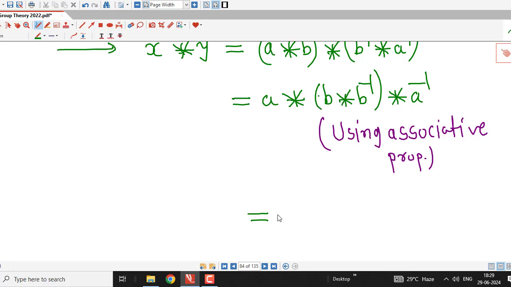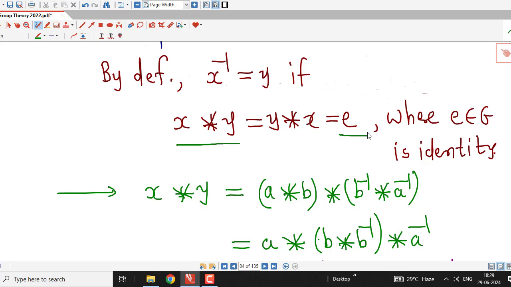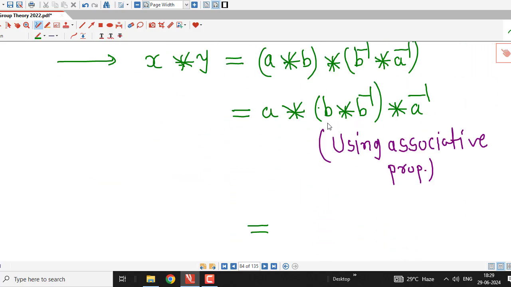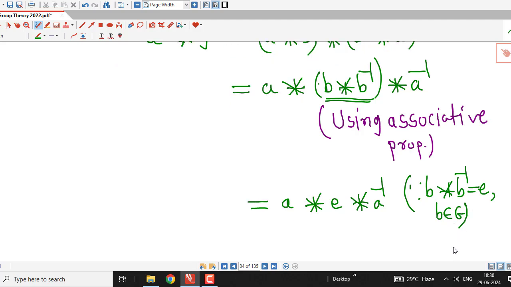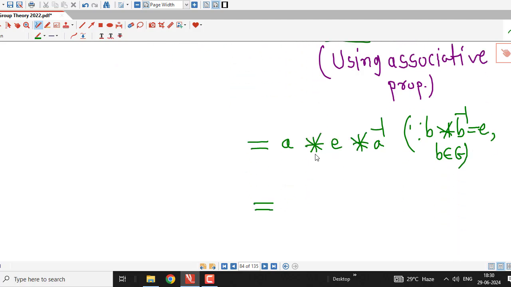And now we want to prove that x star y equal to identity element, and here we can see that B is an element of G and G is a group, therefore B star B inverse is identity, and this is A inverse. So what we have used here, B star B inverse equal to E, because B is an element of a group, and because E is the identity, we can write A star E equal to A, because E is the identity of the group.